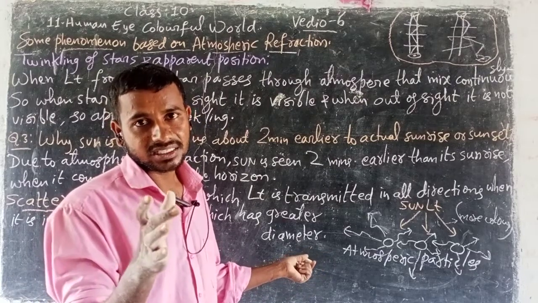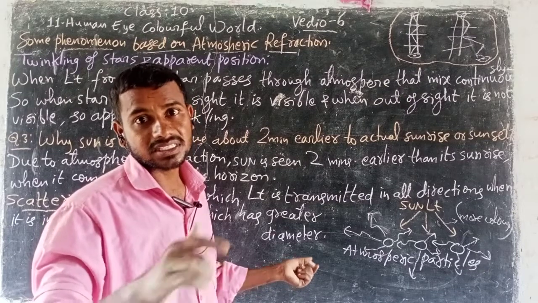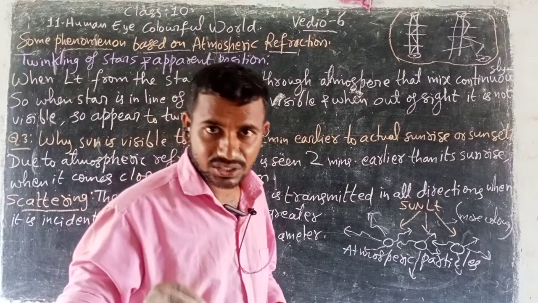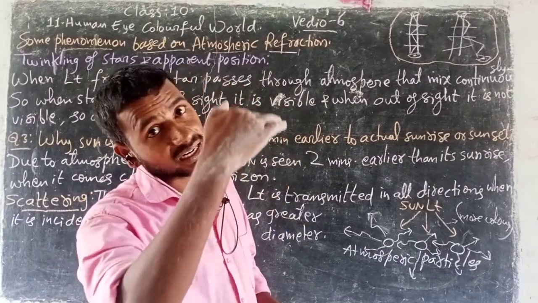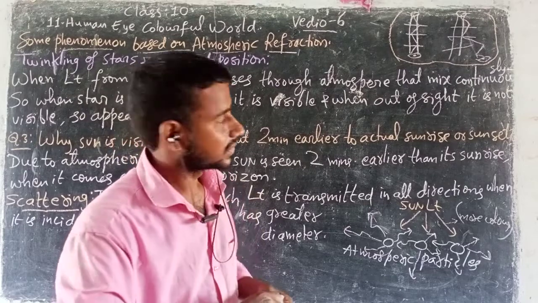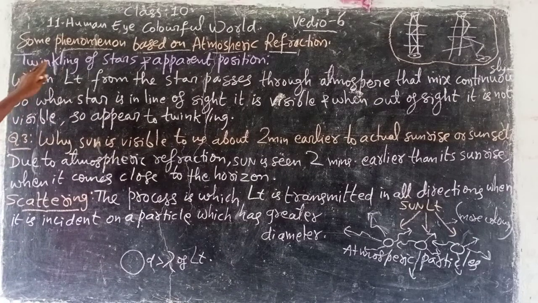Air particles are there, but more near the earth surface, and fewer near the sun, in the first layer. And what we are talking about now, look here, are some phenomena based on atmospheric refraction.